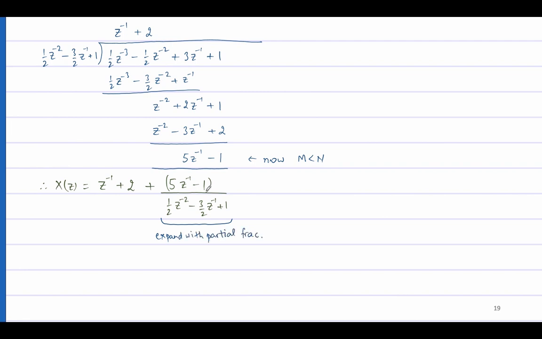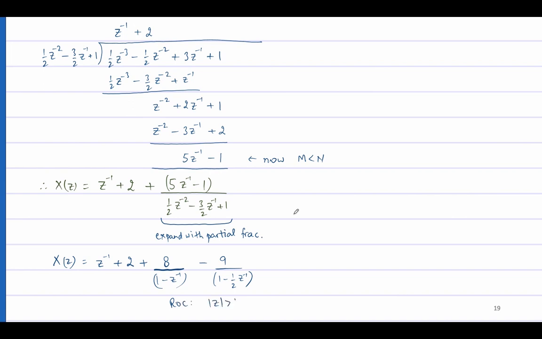So expand with partial fractions, and you get X(z) as this. Now you can use your ROC to find the value of x of n, because each term in X(z) is now of a known form, so you can easily find the inverse z transform.